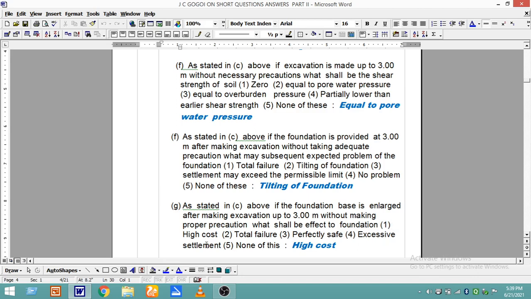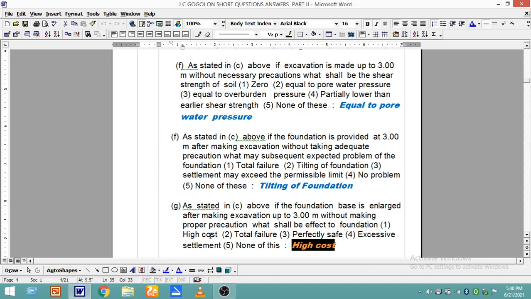Given results are high cost, total failure, perfectly safe, excessive settlement, none of this. First result is high cost, because making a large base in case of a sandy deposit in underwater condition of 2 meter is highly costly.